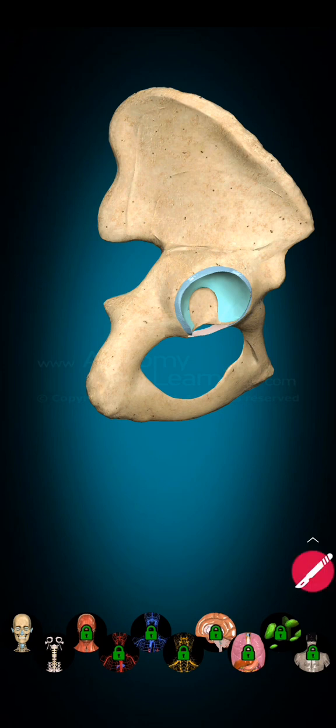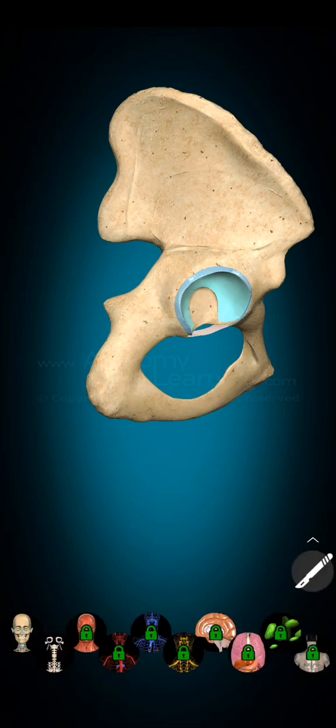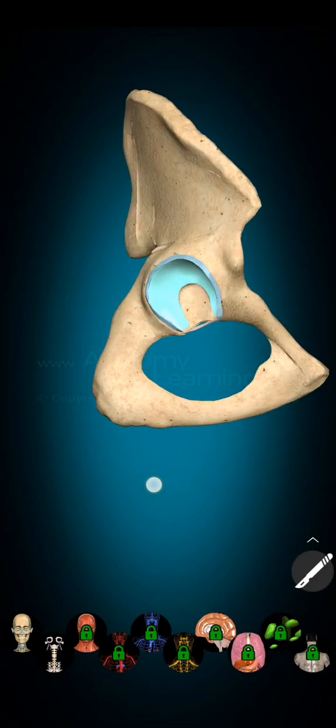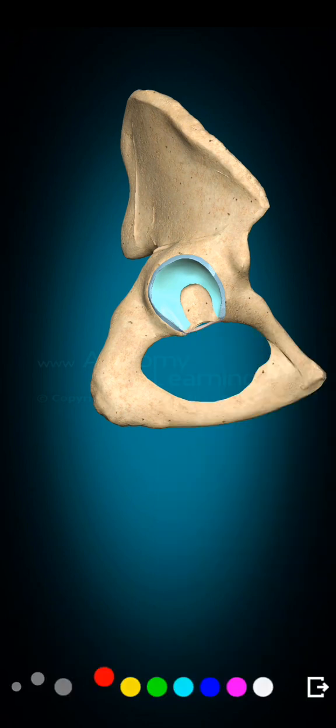Then the most important structure, the acetabulum, as we all know, and the ischium part, that is till here. In the ischium we have the ischial spine here, and the ischial tuberosity. This area is said to be the ischiopubic ramus. Then this part is said to be the pubis.